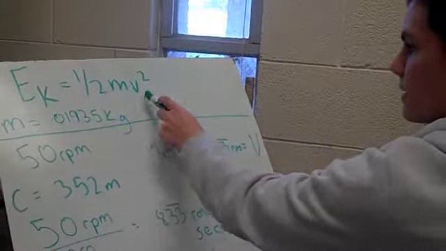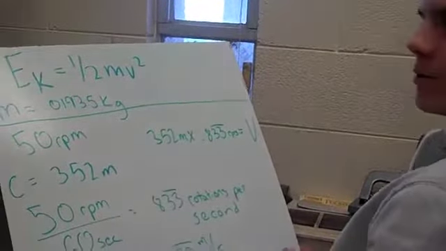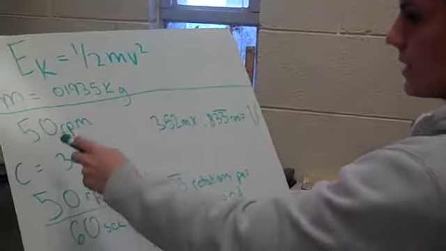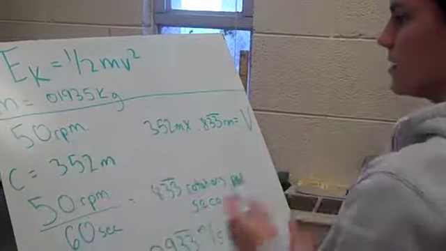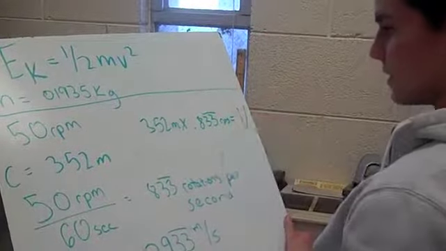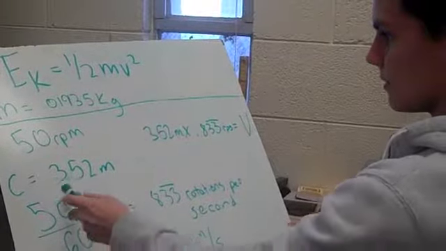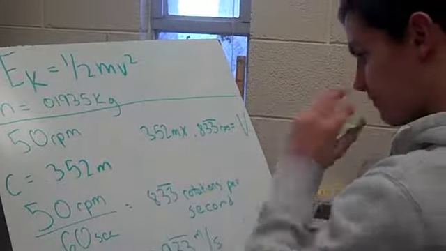Next, we need to find velocity. To do that, we timed the mouse for 60 seconds and found on average for 1 minute it had 50 rotations. We also had to measure the circumference of the wheel, which was 0.35 meters.